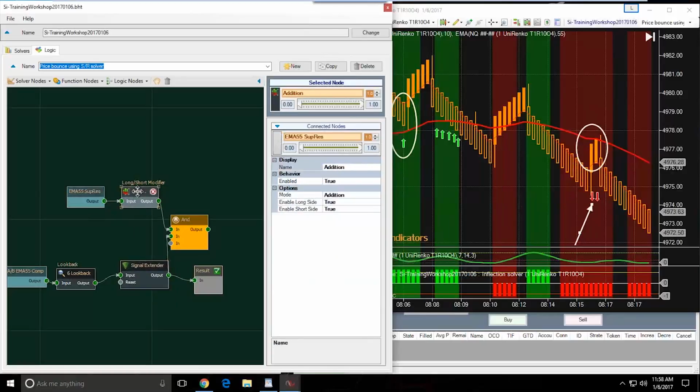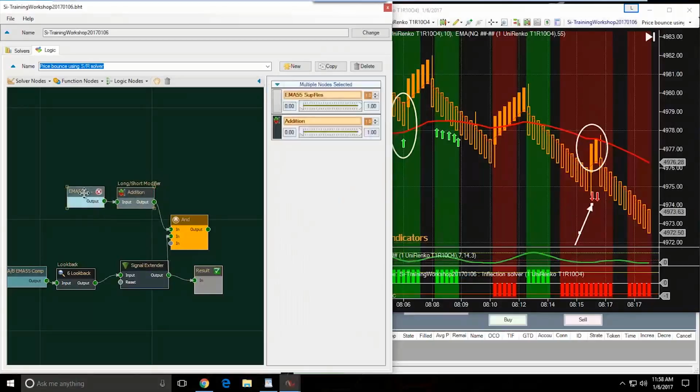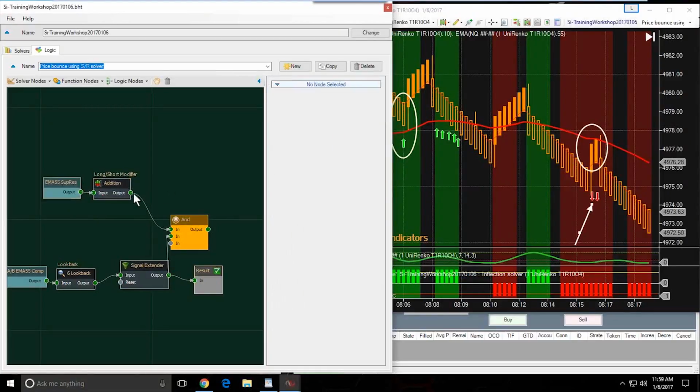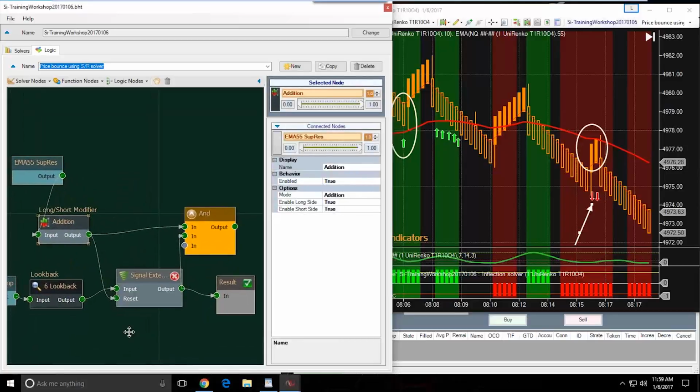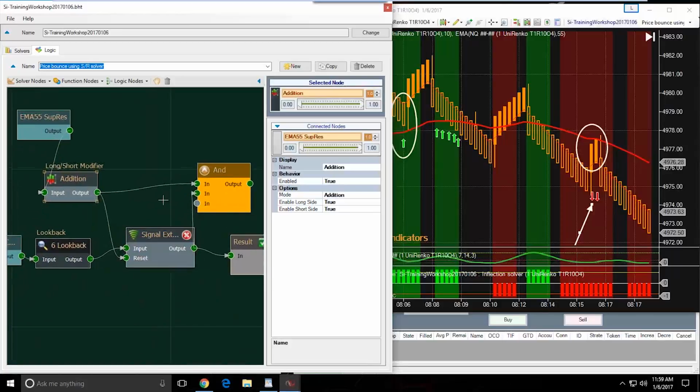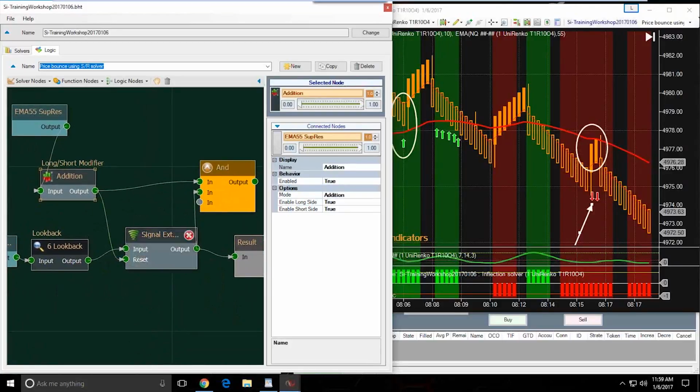So I'm going to take the output from this long short modifier and connect it into the reset. You see how it's connected into the reset there?